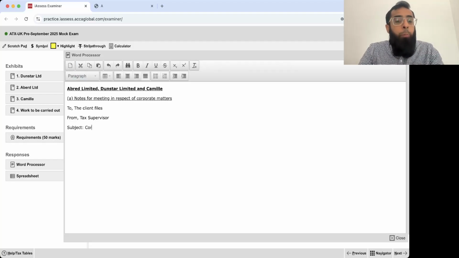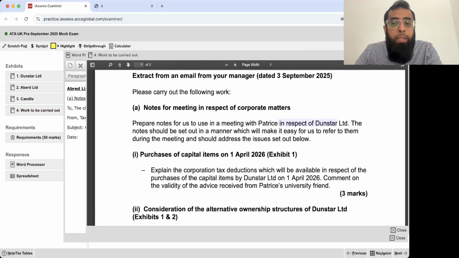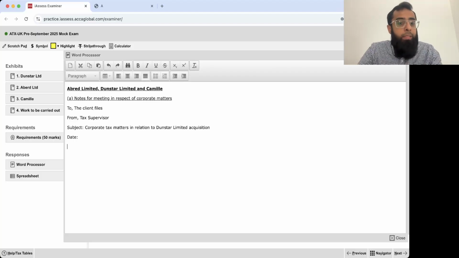So: corporate tax matters in relation to Dunster Limited acquisition. The date has been given in the question. It's 3rd September 2025.